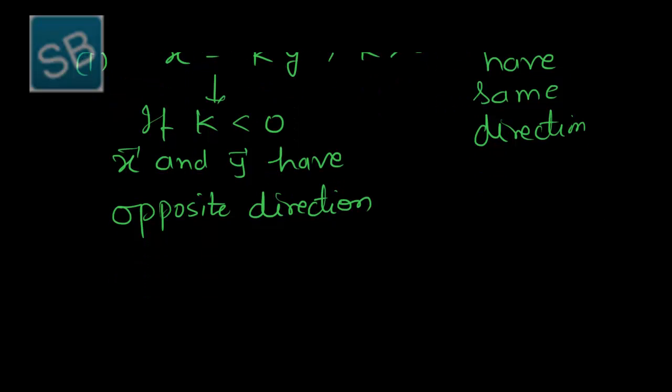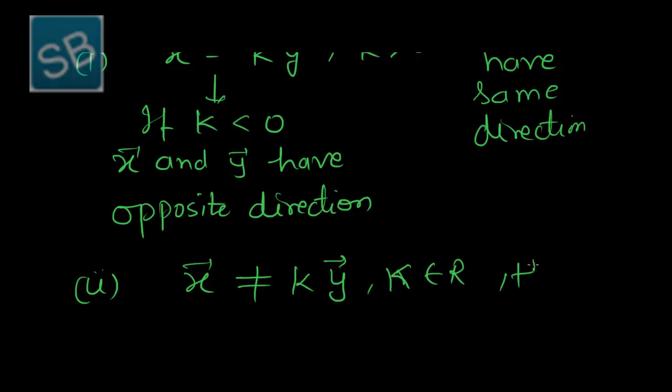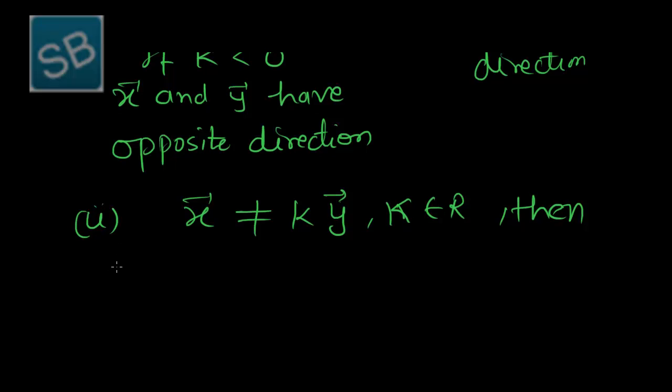And if x is not a multiple of y, that is x is not equal to k times y, for k belongs to R, then vector x and vector y have different direction.